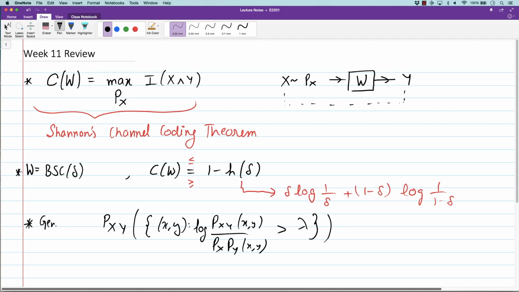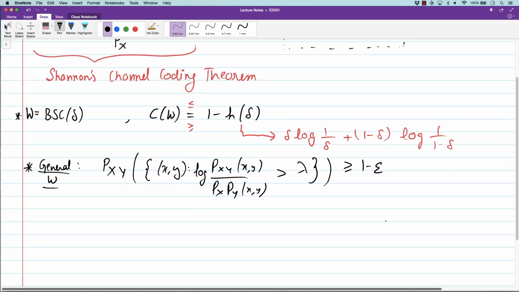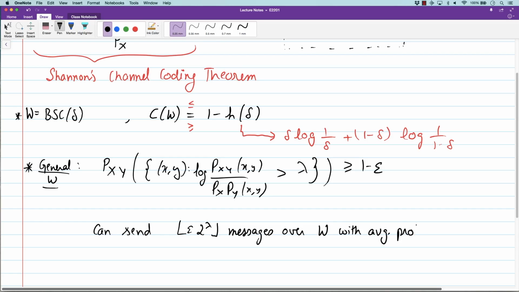This is a proof we saw for general W. Then we saw that we can send roughly 2 to the power lambda messages over W with average probability of error less than epsilon.